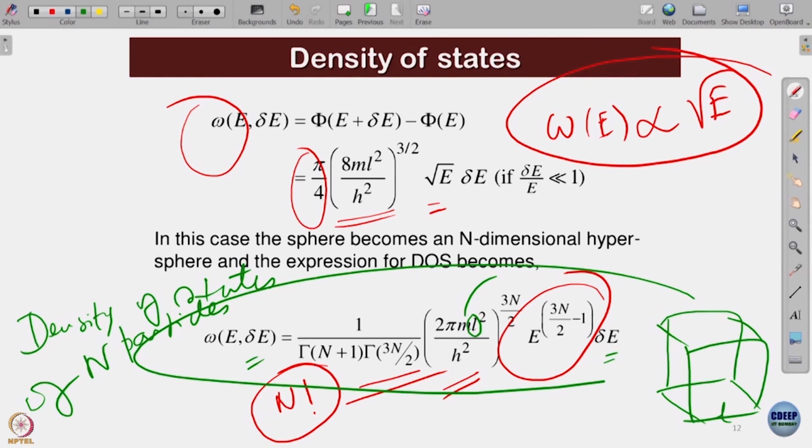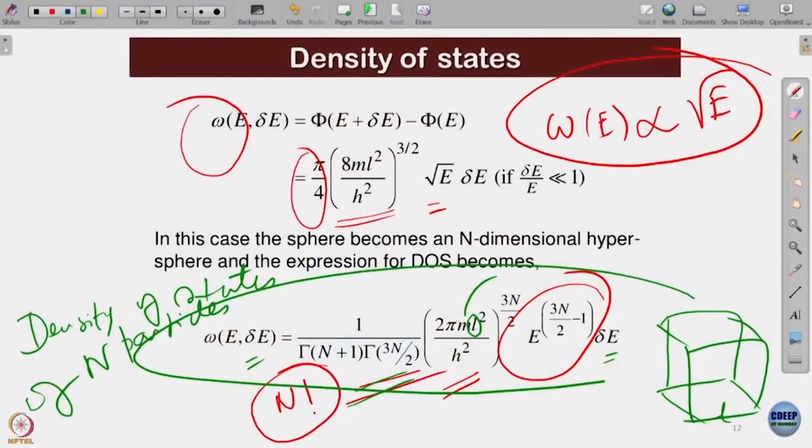The important quantity is this n factorial that comes from the same logic as the partition function, but this is the one which comes from the factors that come in the volume, and E to the power 3n.